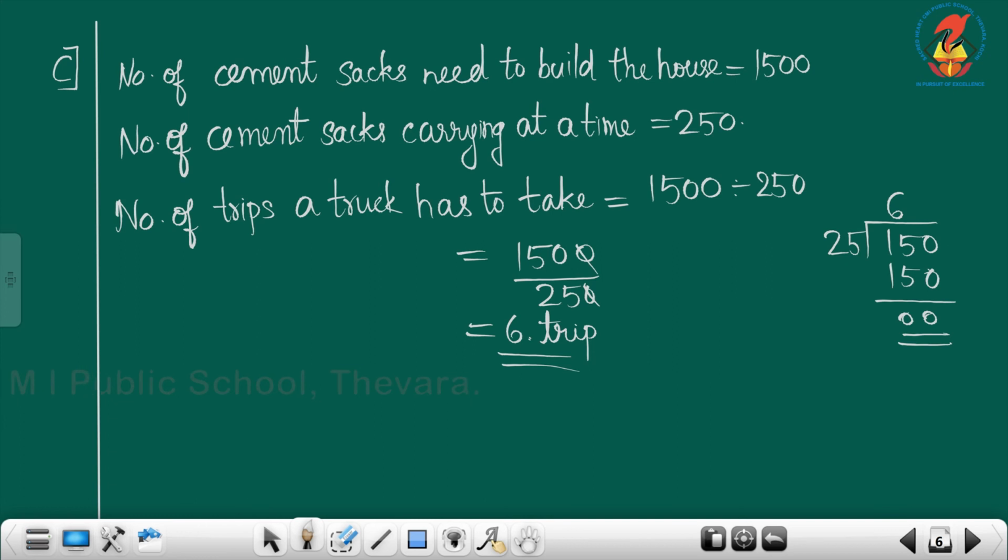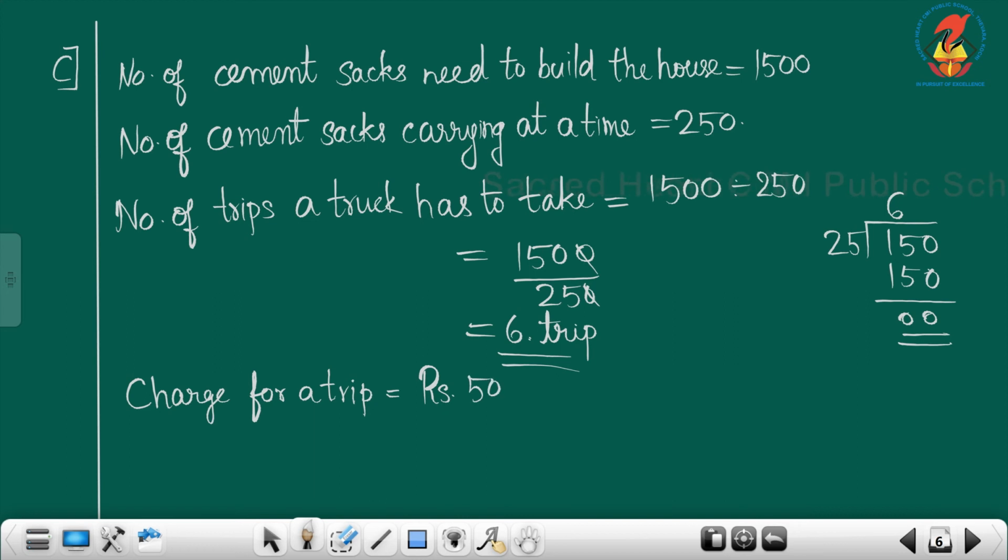So one more question is there. A driver charges rupees 500 for a trip. So the charge for a trip, how much is the charge? It's rupees 500.